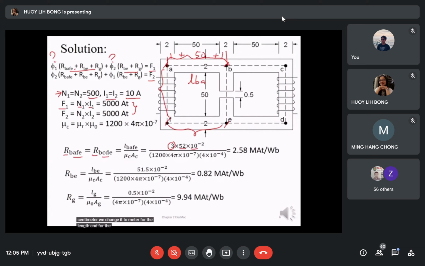And for the permeability of the core, we can use mu R times mu naught. Mu R is given as 1002, while mu naught is 4 pi times 10 to the negative 7. The area of the core is a square, hence it is 2 times 2.